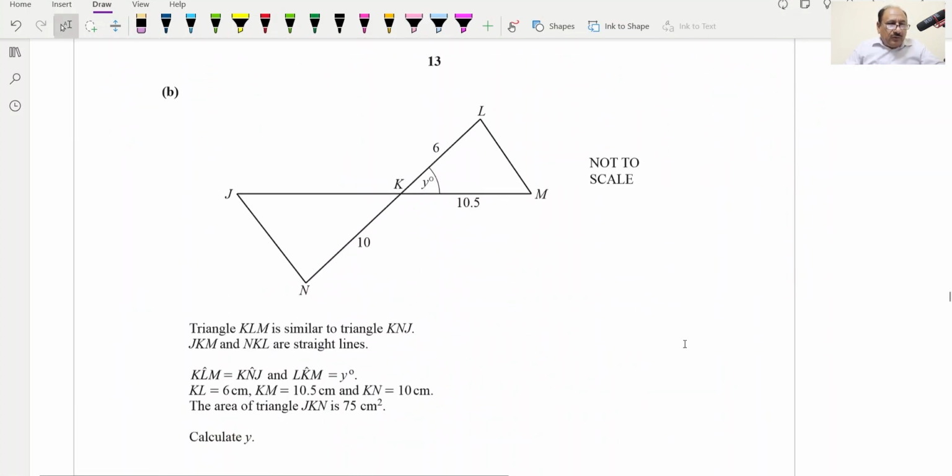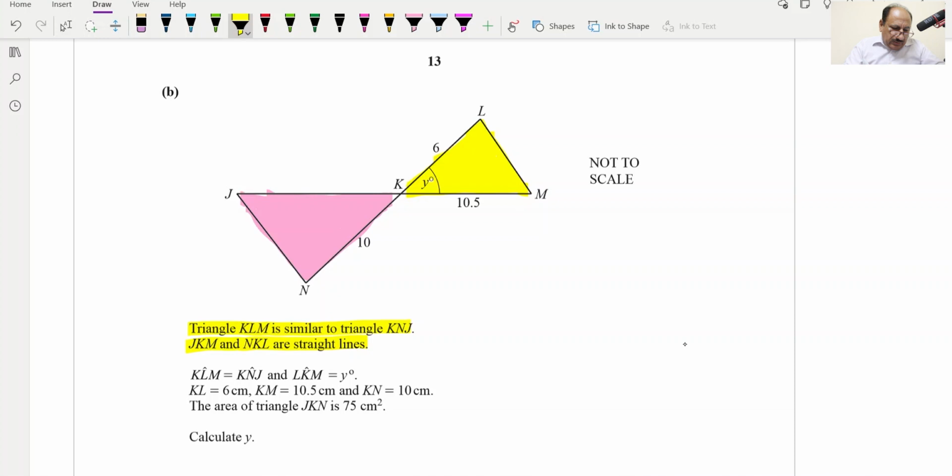Hopefully you understood this. Now B part is saying triangle KLM, and KLM is this triangle, is similar to triangle KNJ. KNJ is this triangle. So these two are similar triangles.